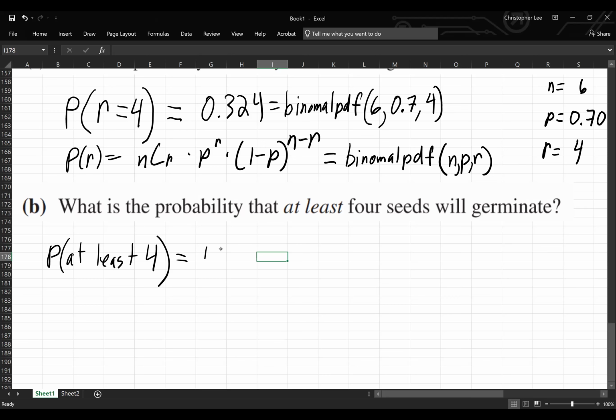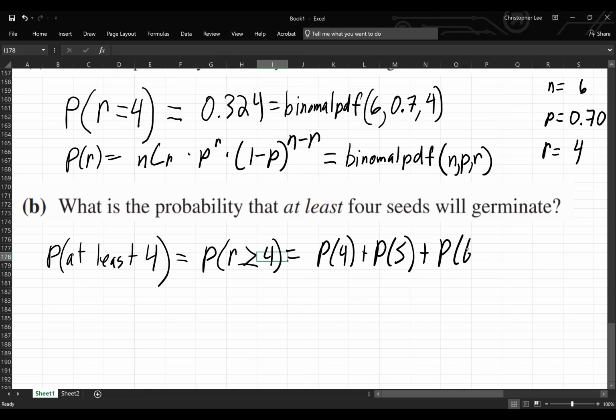So this is the probability of R greater than or equal to 4, which is equal to the probability of 4 plus the probability of 5 plus the probability of 6.